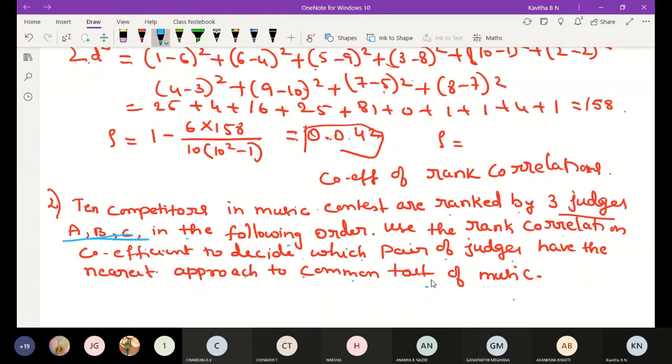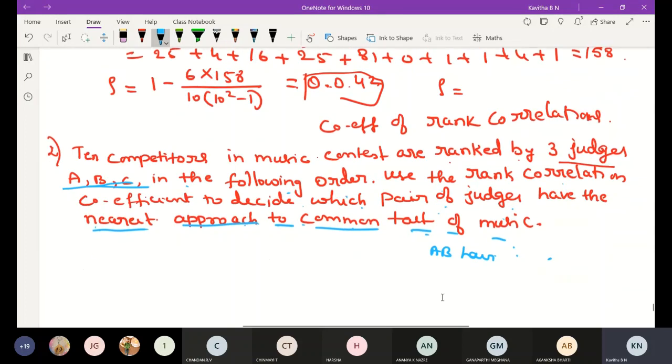We have to check whether the pair AB, BC or AC has a common taste of music, using the rank correlation coefficient.